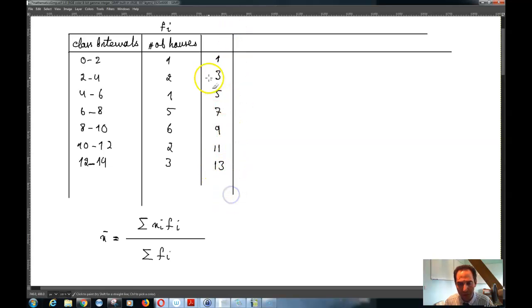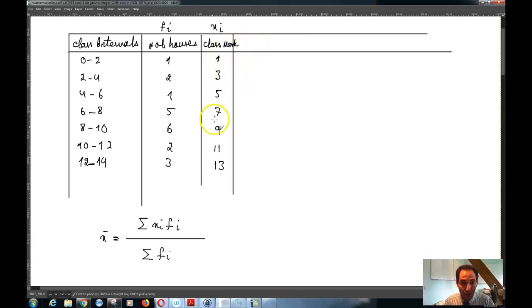So this is your class, what do you call it? I keep forgetting the name. This is called the class mark, which you can take as x of i.